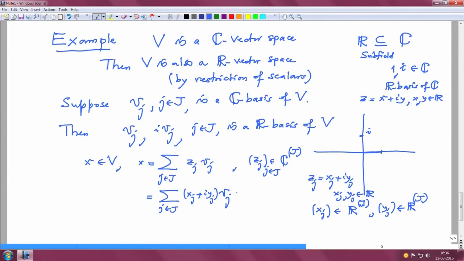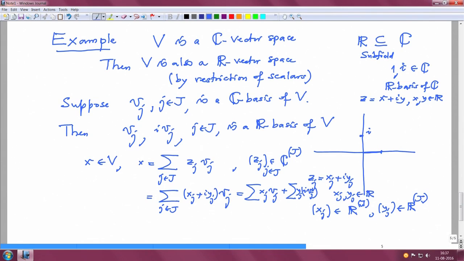When you expand, this becomes the summation of x_j v_j plus the summation of y_j, and I will push the i inside, i v_j. So we managed to check that this is a generating system for V over R.